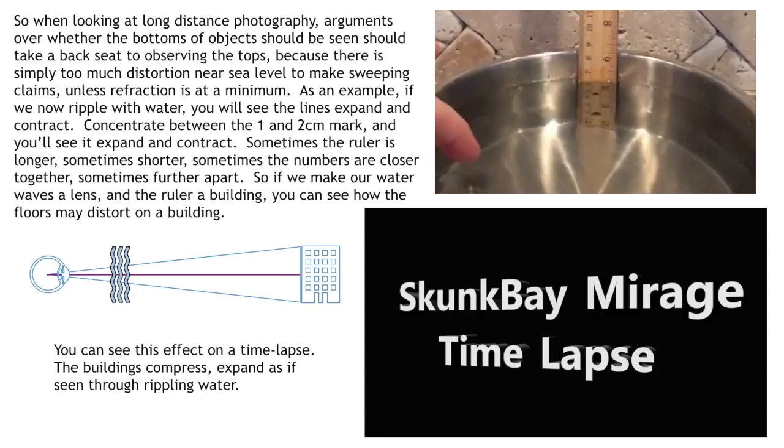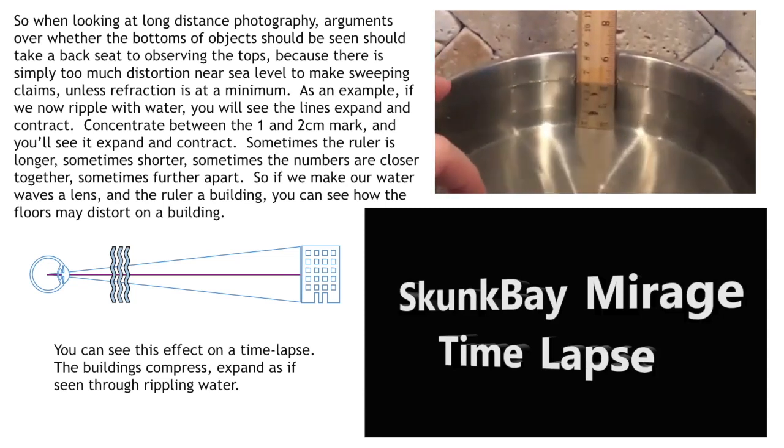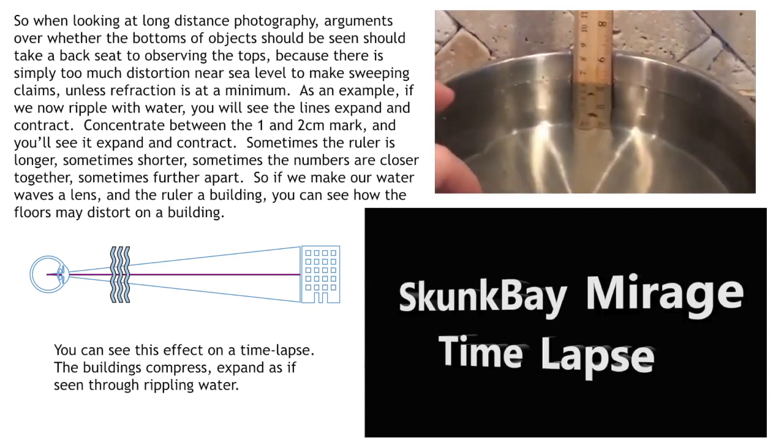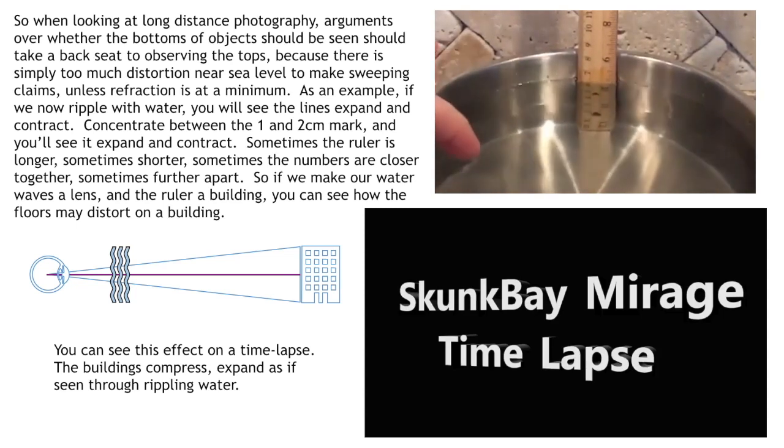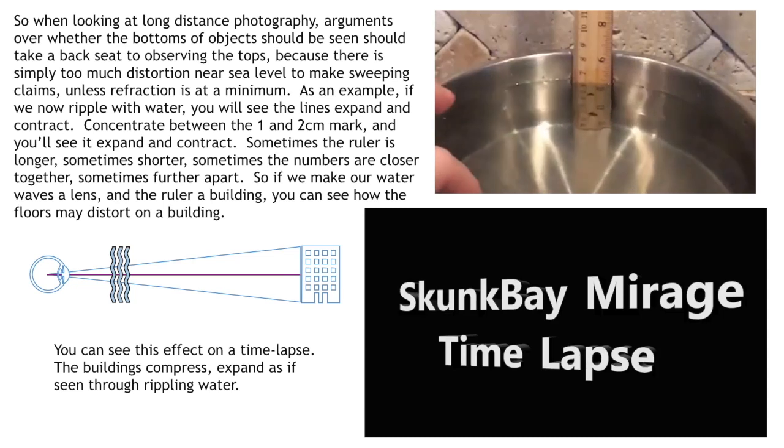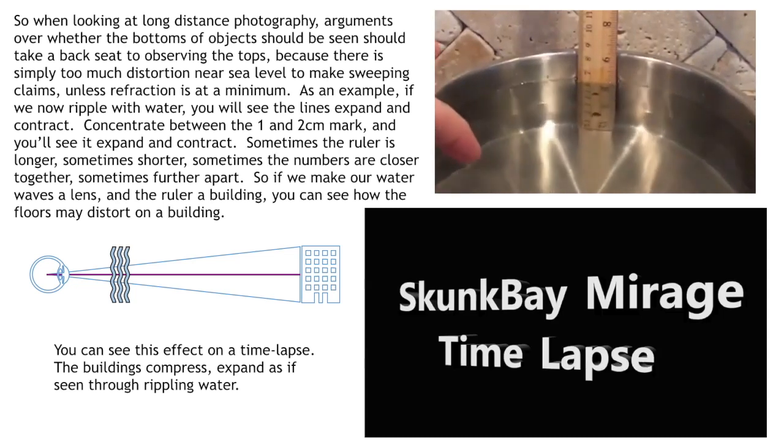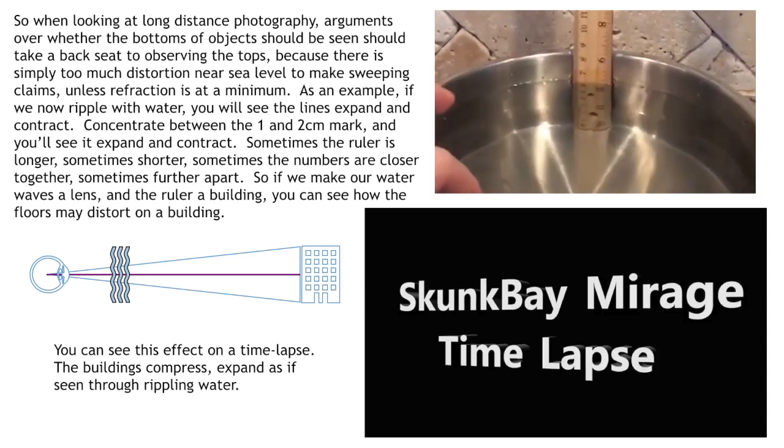So if we make our water waves a lens and the ruler a building, you can see how the floors may distort on a building when you're viewing it over long distance. You can see how the waves distort the lines, and how they compress and expand as they go, mostly compressing and then coming back to baseline.